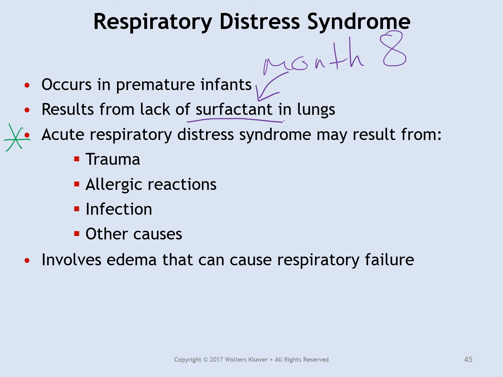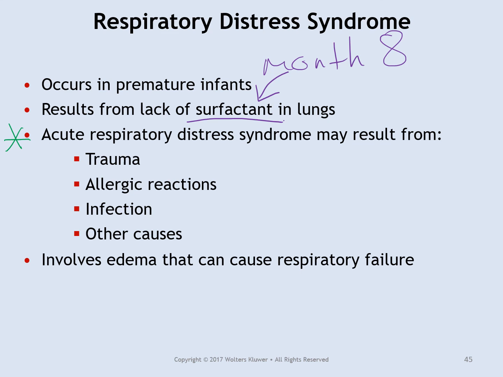So then what does that mean about our little 22, 23-week-old preemie? They don't have any surfactant. So their alveoli are collapsed on themselves and it's going to be very hard for them to breathe. Now you can inject surfactant into their lungs. You can give them a cortisol shot that will stimulate the body to start making surfactant.